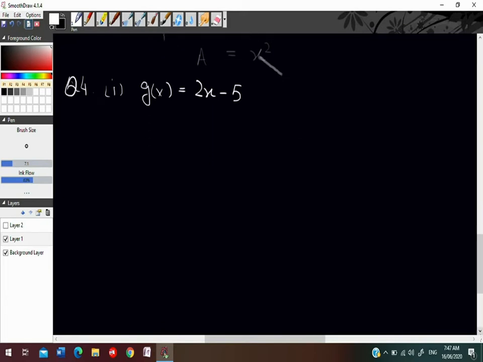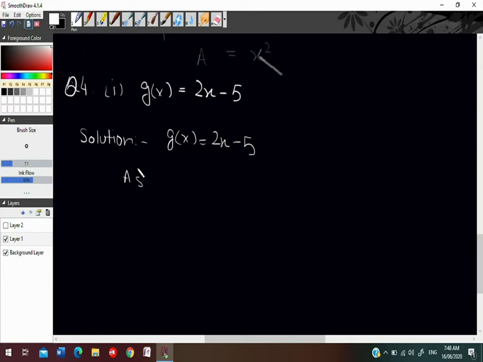So what do we do? We start the solution of this question. We have g of x equals 2x minus 5. As g of x is a simple polynomial function of degree 1, in my first lecture I told you that for polynomial functions we simply take real numbers, real numbers are all defined on polynomials.